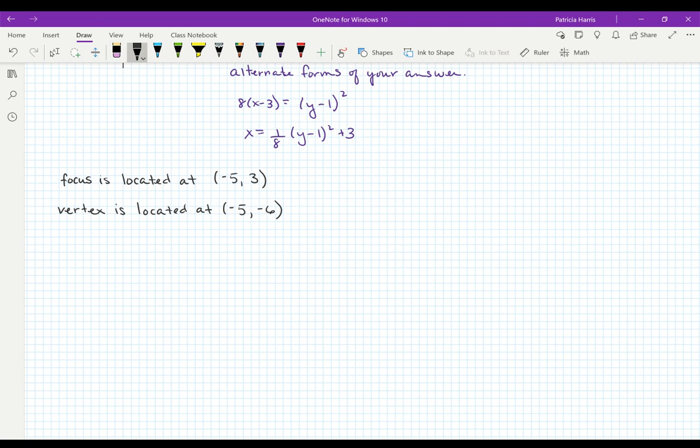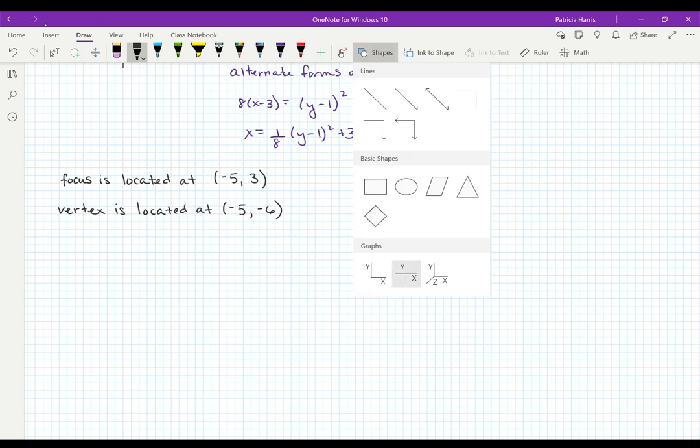You don't really have to have a very detailed picture, but you would probably want something that lets you know what is going on. So I'm going to draw a small xy axis.